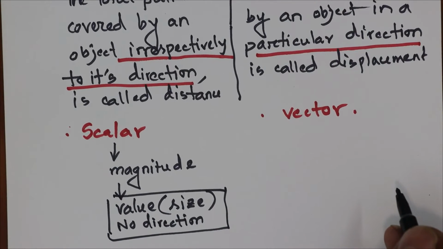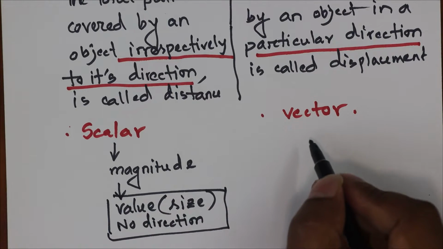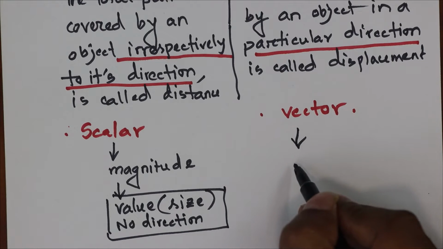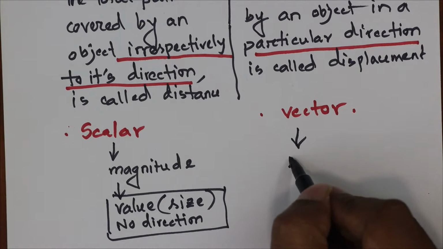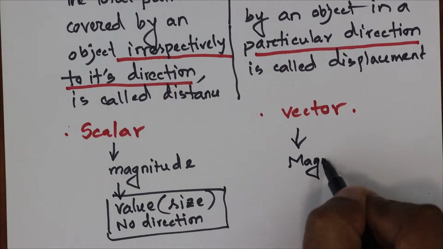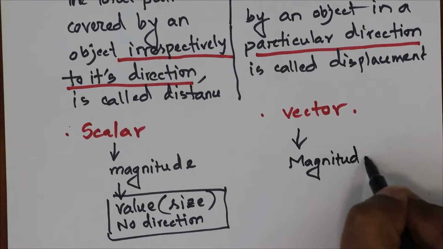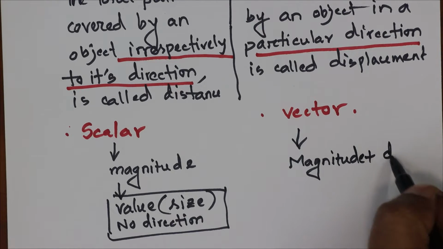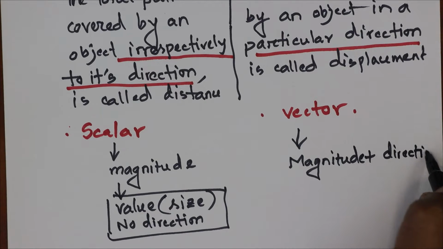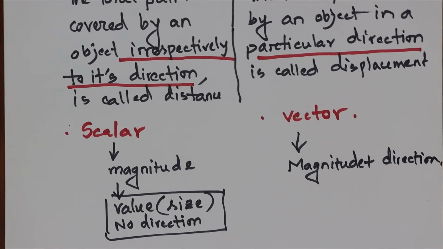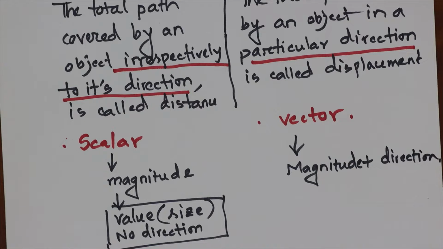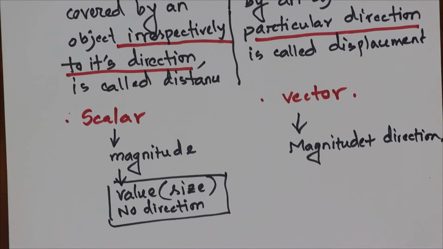On the other hand, a vector quantity has both magnitude and direction. So distance is a scalar quantity and displacement is a vector quantity.